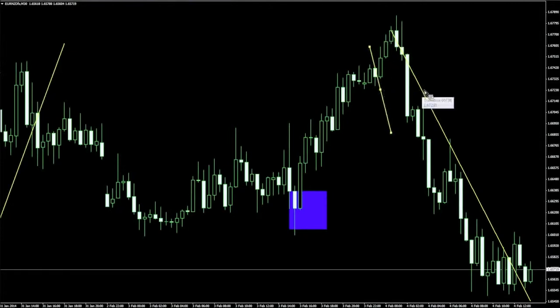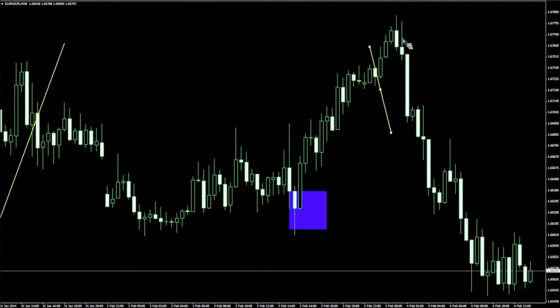All right, and I'll put this on this side so we can see it. I'll get rid of this. We have a push down, and then we have our pullback right here. And then the market pushes down again, and then it pulls back again. And then the market pushes down again, and now we're in a consolidation right here.